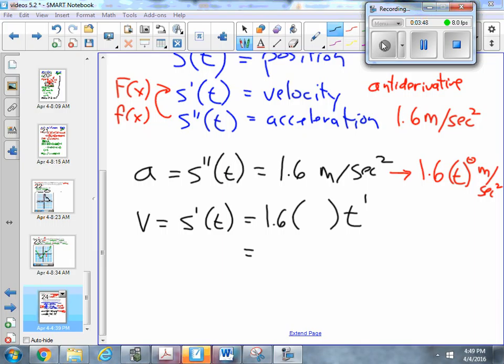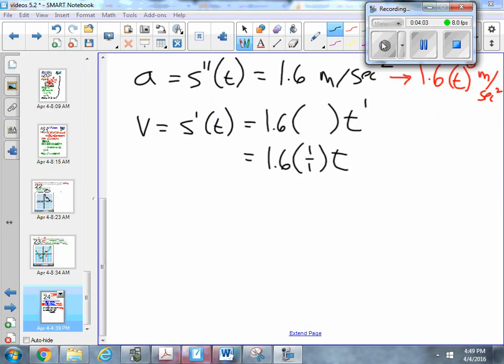Well, the reciprocal of 1 is 1 over 1, so I have 1.6 times 1 over 1 t for the velocity. So really what I have here is 1.6 t meters per second. That is the velocity function. I went up one, I got the velocity function.